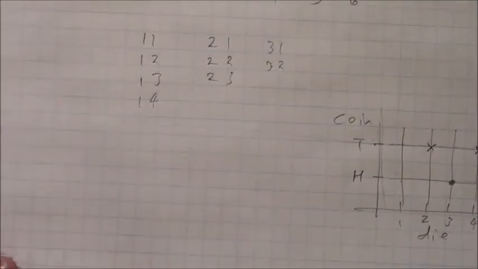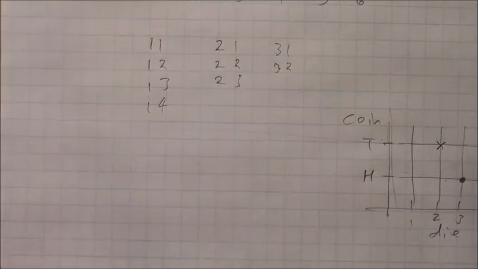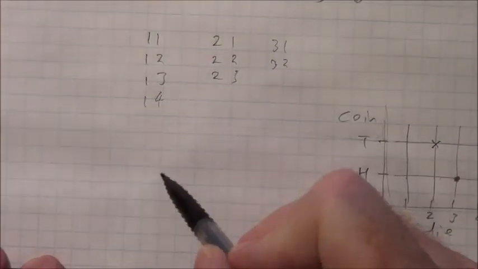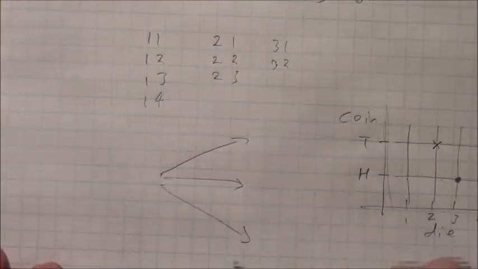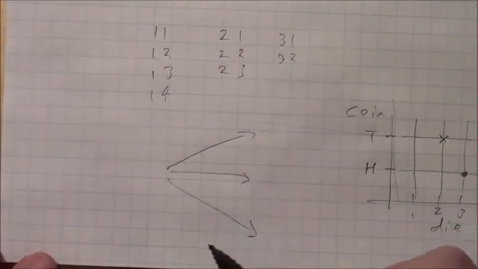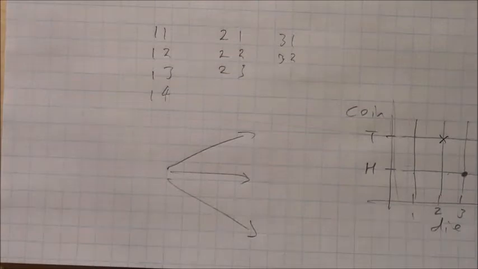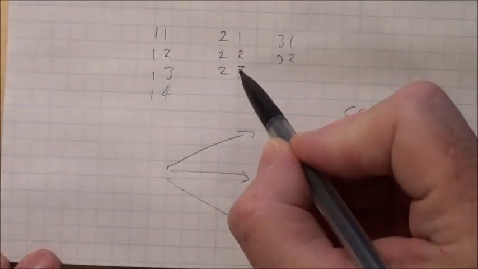Tree diagrams give us a little bit more effectiveness than the two-dimensional grid, and basically we start at one thing and we branch off many different ways. We could branch off twice or 3 times or 4 times or 8 times. It doesn't really matter. It depends on what we're comparing.